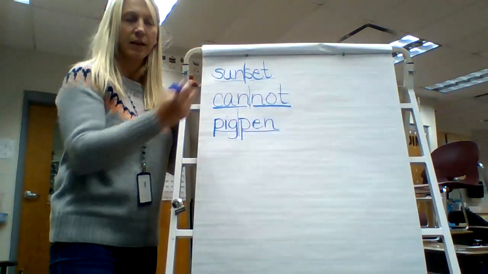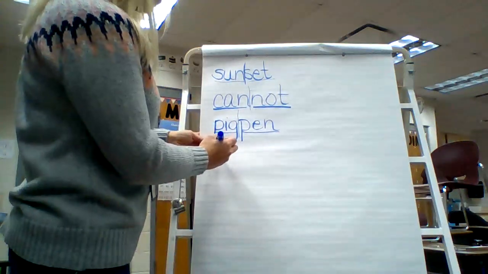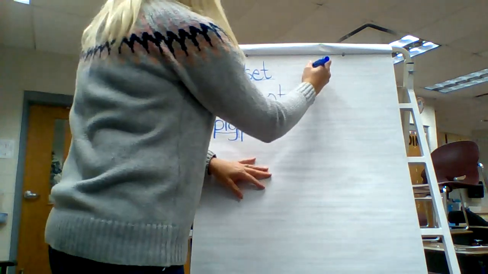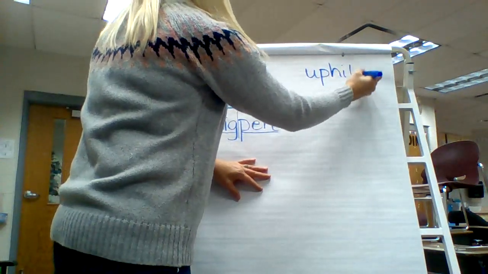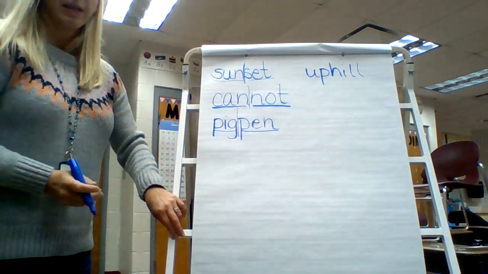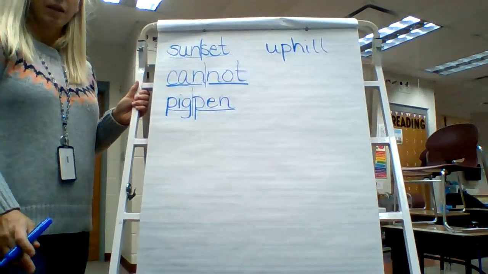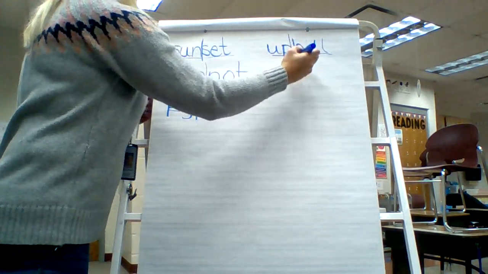Pig, pen. I divide it there. Let's do it for here. I'll run out of room. Okay, I see a small word of up, hill. Uphill.